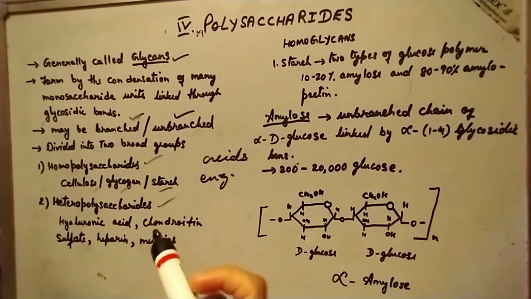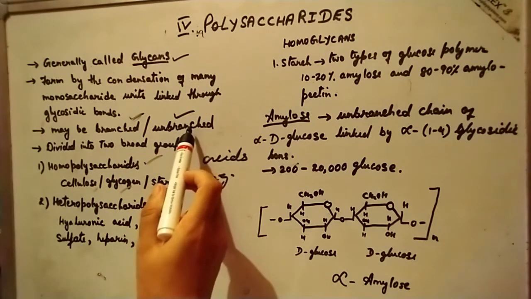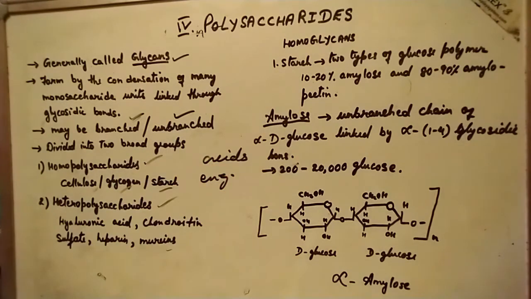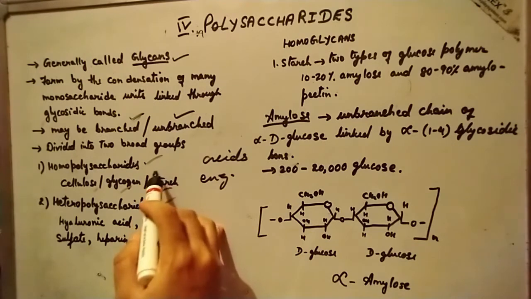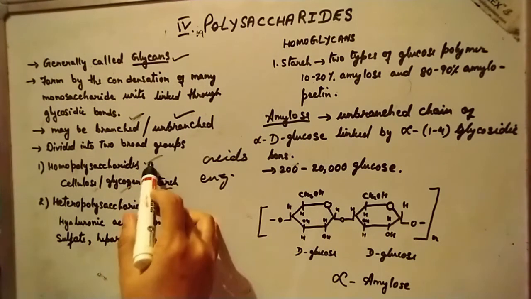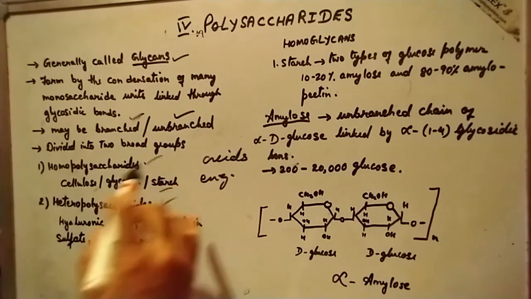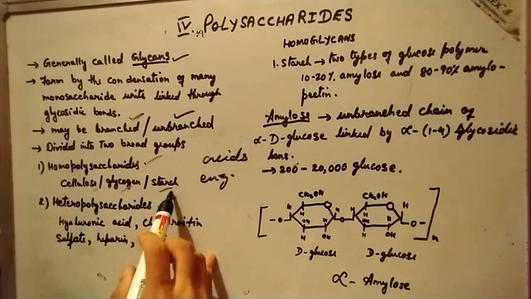And these polysaccharides may be branched or unbranched, and they are divided into two broad groups: the homopolysaccharides, also referred to as homoglycans. In this case, upon hydrolysis, they yield only one type of monomeric unit. Examples are cellulose, glycogen, and starch.